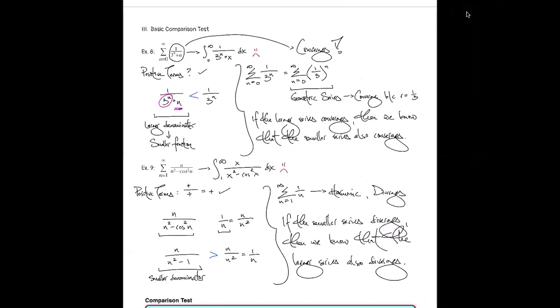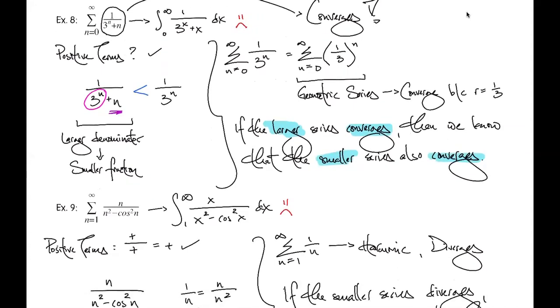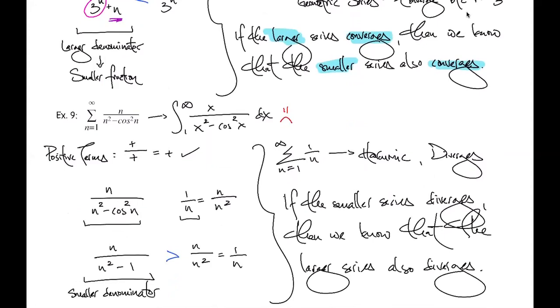Yeah, so it has to be the larger series converges, then the smaller one will also converge, okay? And then if the smaller series diverges, then the larger series also diverges.